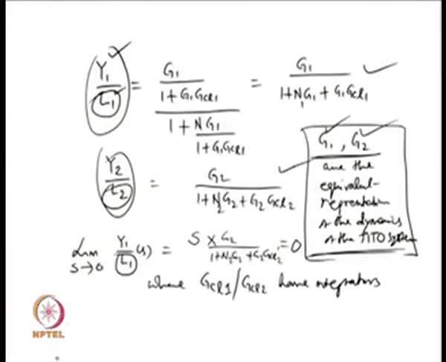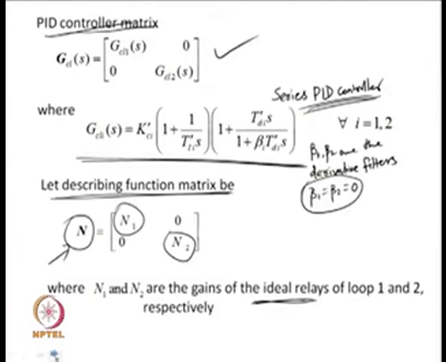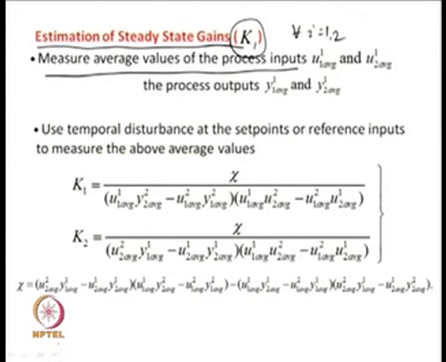So, measure those average values when R1 and R2 are having some values, and at that time denote the process inputs by U1 1 average and U2 1 average. Similarly, the process outputs at that instant are denoted by Y1 1 average and Y2 1 average.